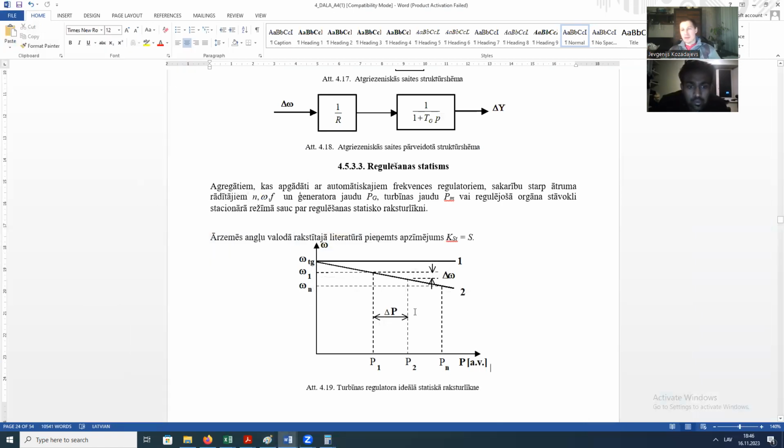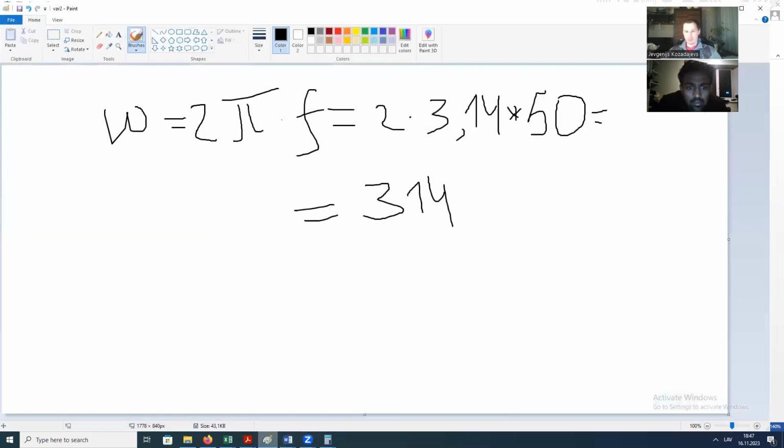And here we could see the dependence for the regulator. This dependence, of course, is set for the generator control. What is the frequency? No, okay, this is not frequency, this is the angular speed. It is called angular speed, but this value depends only on frequency, because you see this part is a constant.